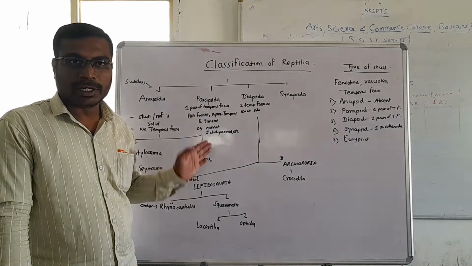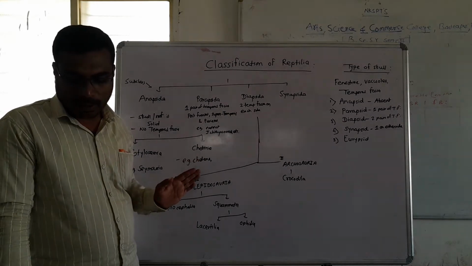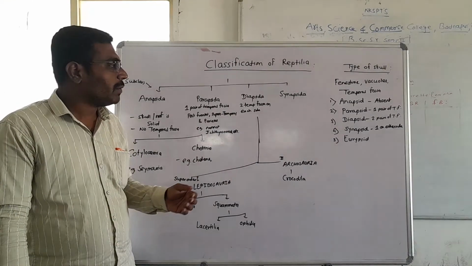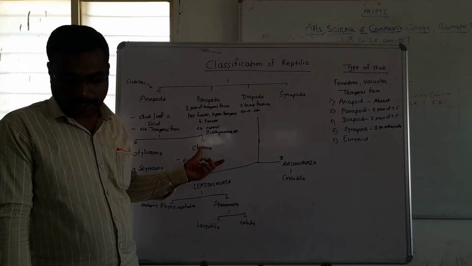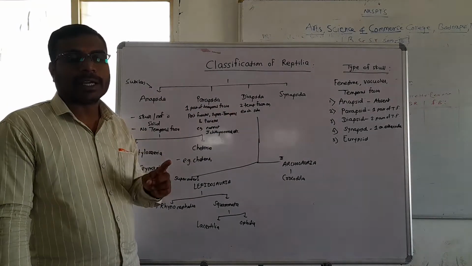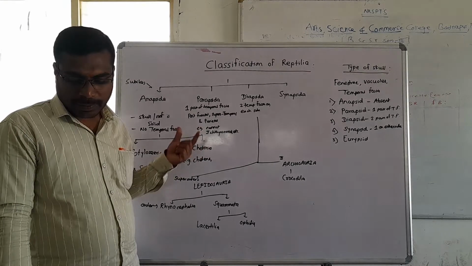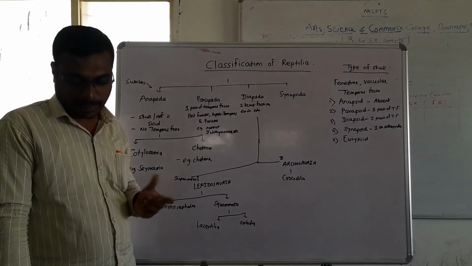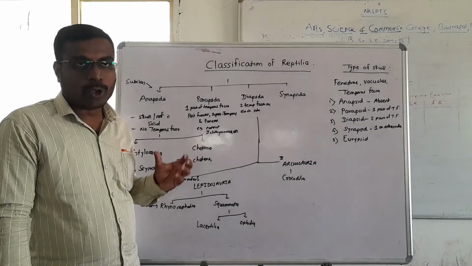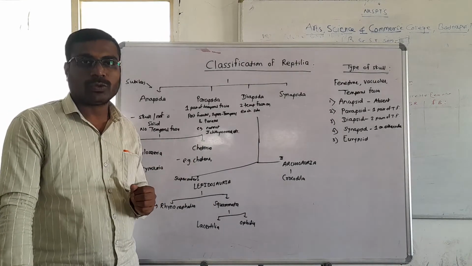Two temporal vacuities are present. The anterior orbital vacuities are absent. Post occipital fenestrae are usually present. Then they have a humerus with two foramina.